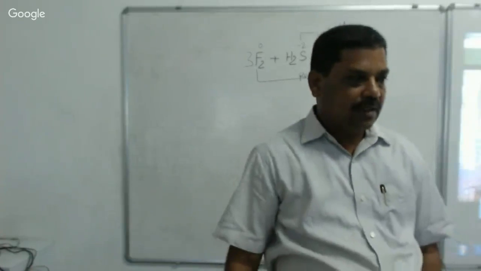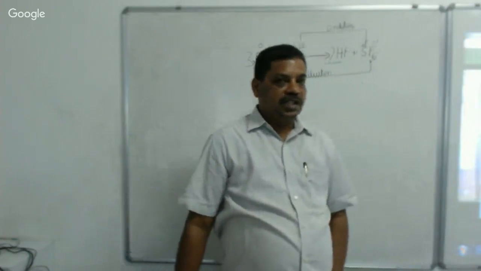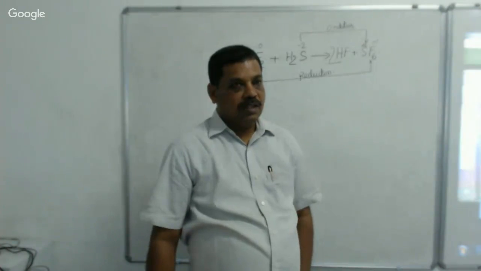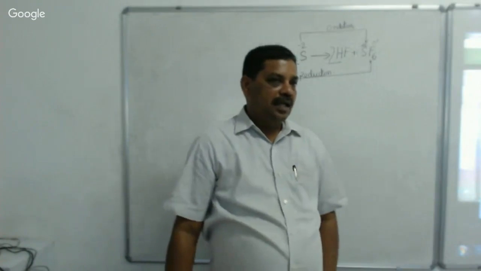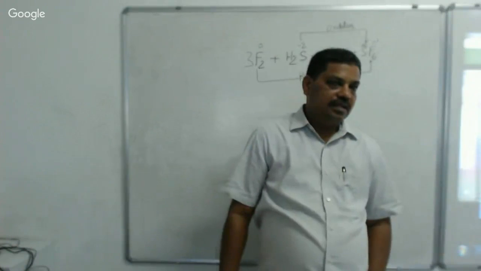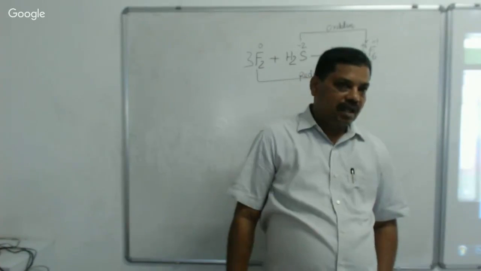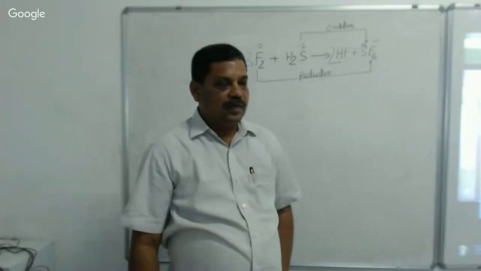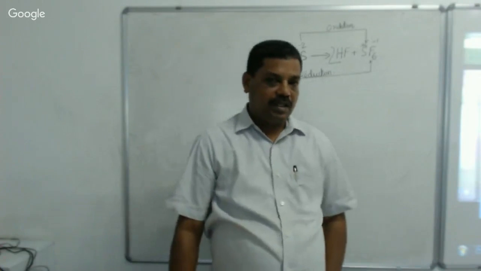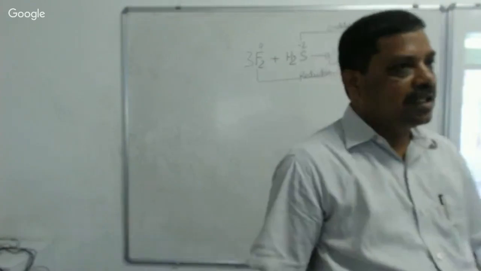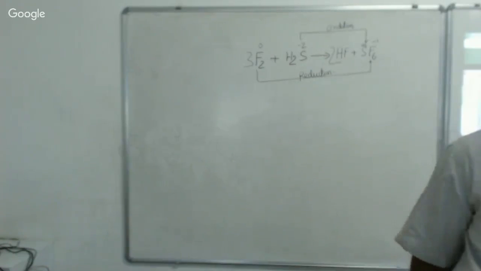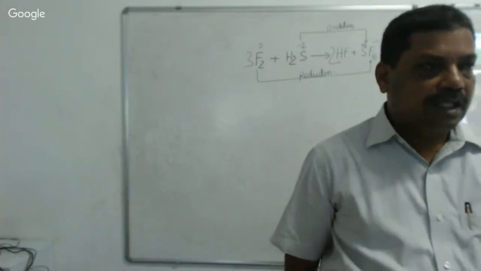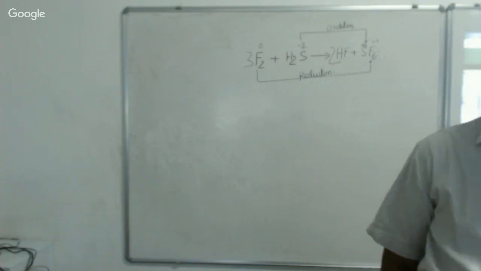Nitrosyl chloride, NOCl. NOCl is also produced in which reagent? Aqua regia. What is aqua regia? We already discussed. 3 parts of concentrated HCl and 1 part of concentrated HNO3. Because of this NOCl, aqua regia is able to dissolve very stable, non-reactive metals like platinum and gold.